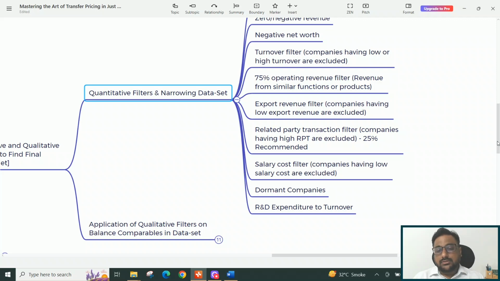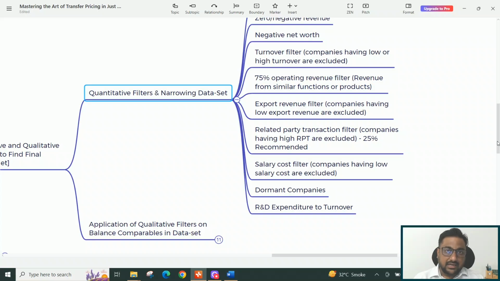Now after that, the salary cost filter. Companies having very low salary costs are also excluded. In practice, I have not used this filter till date, but if you find a comparable company which matches the other criteria but whose salary costs are too low, then I have seen that this type of comparables are excluded.